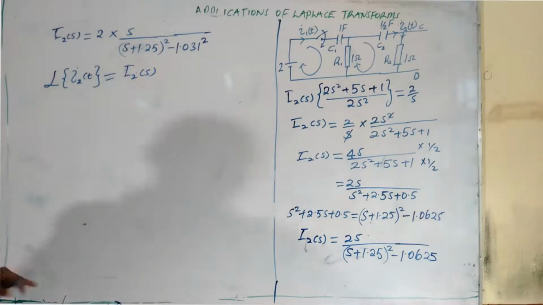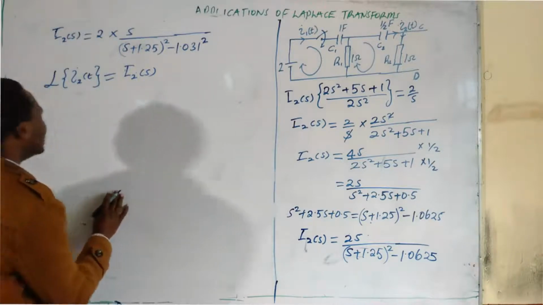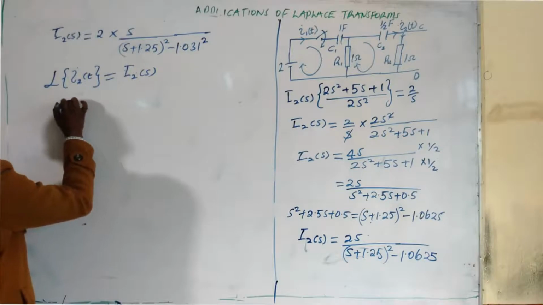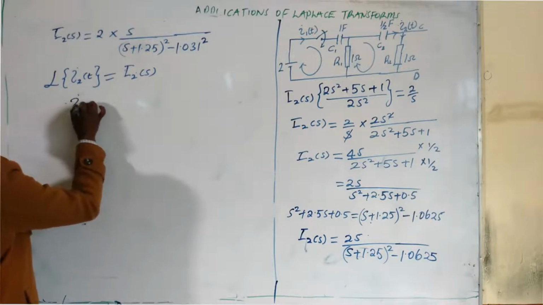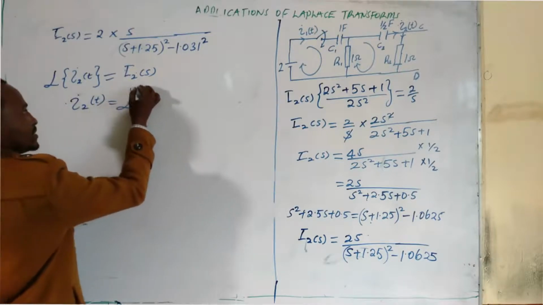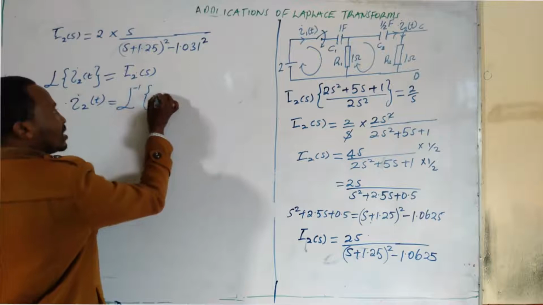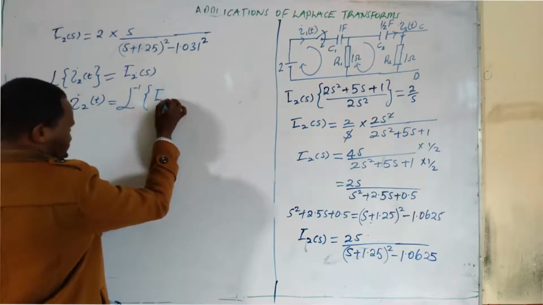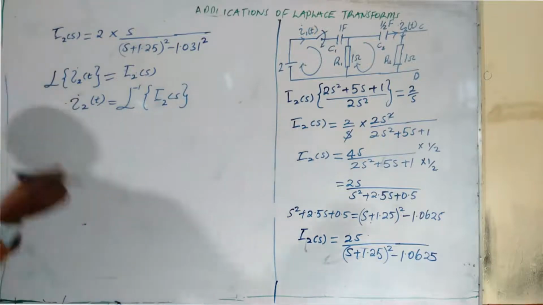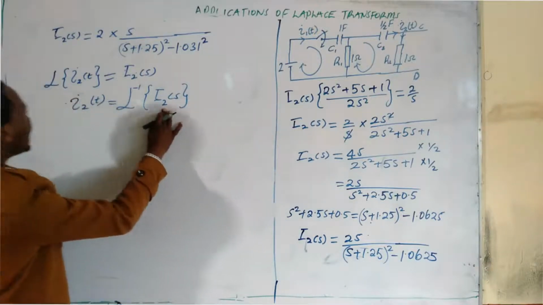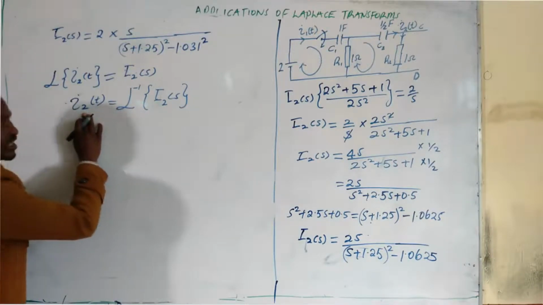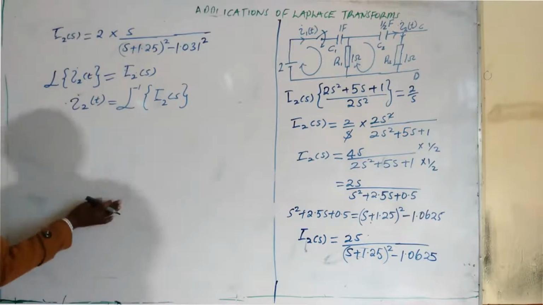Now we want to change back, to reverse. I2 of t is equal to the inverse Laplace transform of I2 of S. That is, to get from the S domain to the T domain, we have to get the inverse Laplace transform. They are the reverse processes.